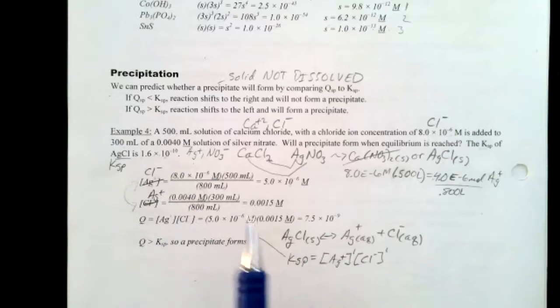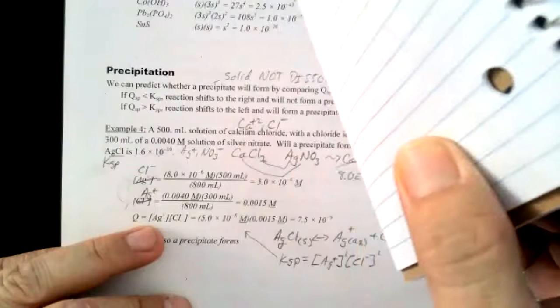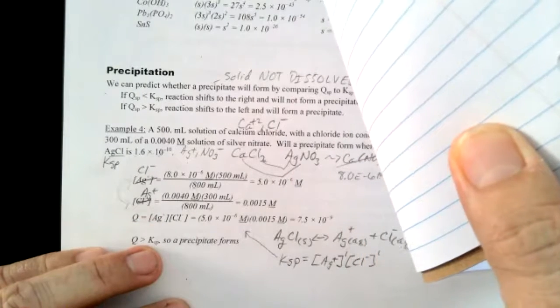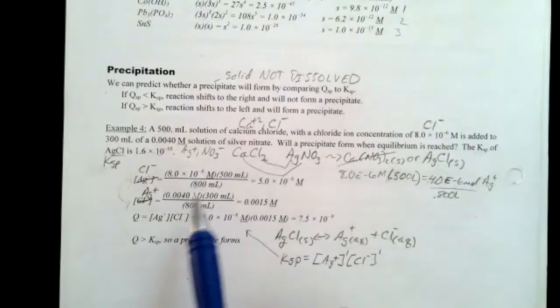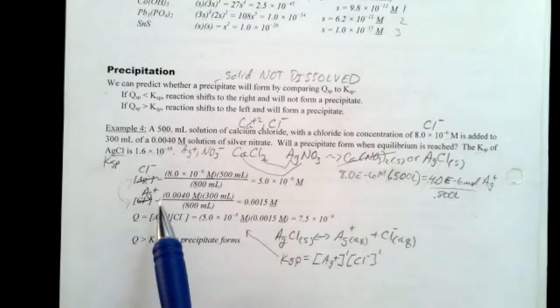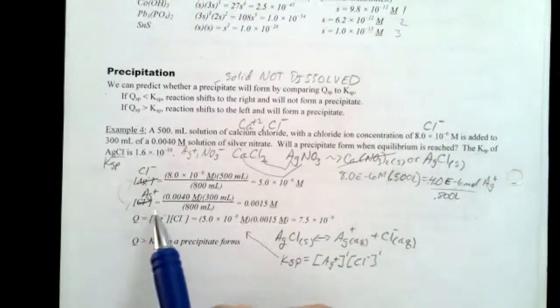So what we can do is say, you have so many ions in solution. Does that exceed the molar solubility for the salt we're talking about? Because if you manage here, again, I don't want to mark up this paper. Calcium chloride, silver chloride.